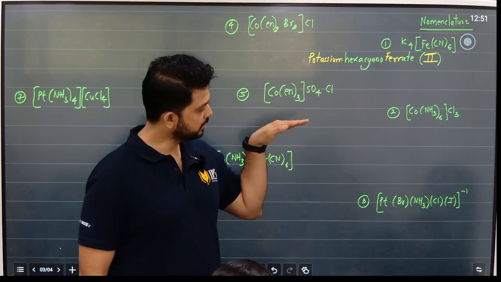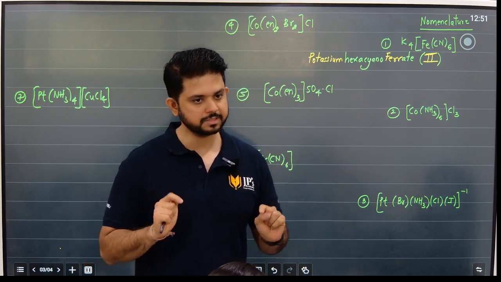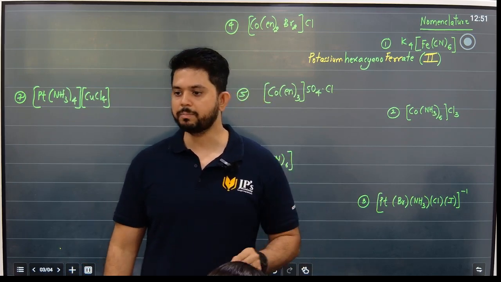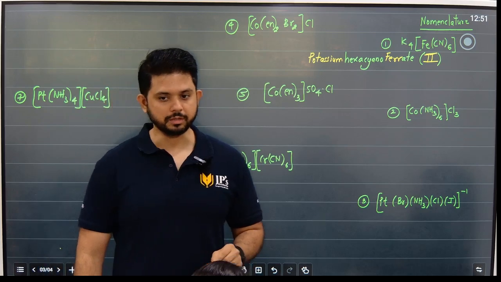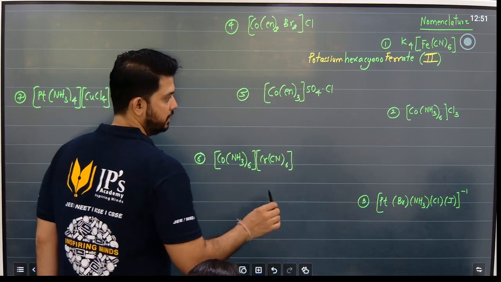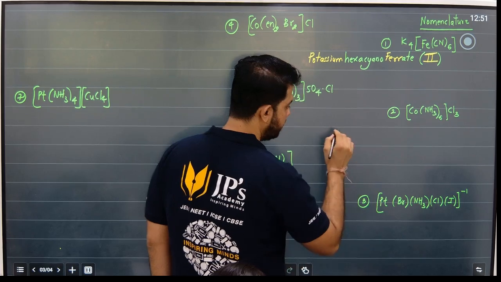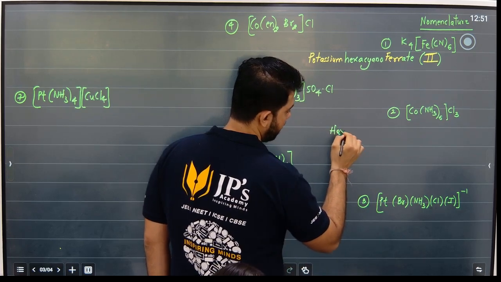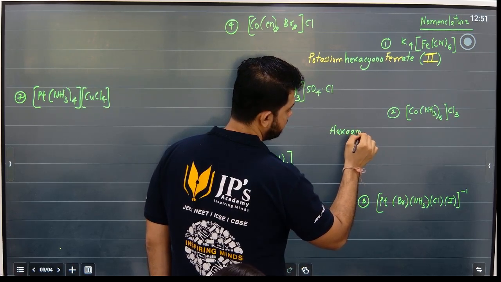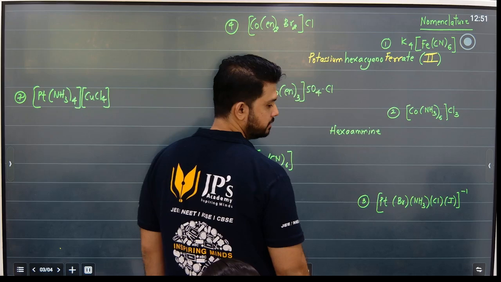Again, you start from the left. The moment you start from the left, you first encounter the complex. Inside the complex, you start by writing the name of the ligand. So which ligand do we have? Ammine. How many? So hexaammine. Correct?